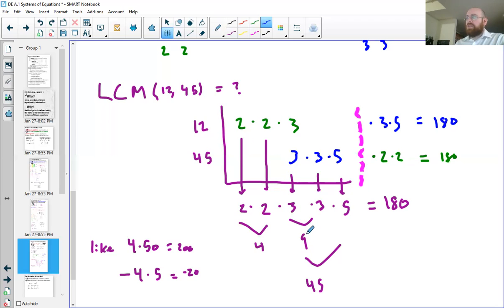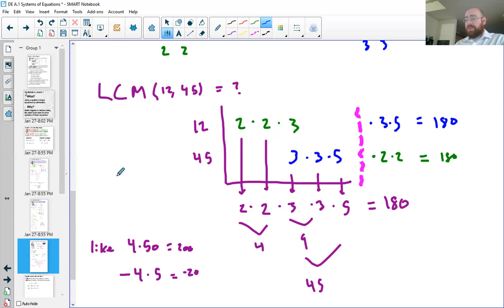If I went with the smallest number of times, we would get a different number. So that would be, would that be the greatest common factor? Or would it be unrelated?